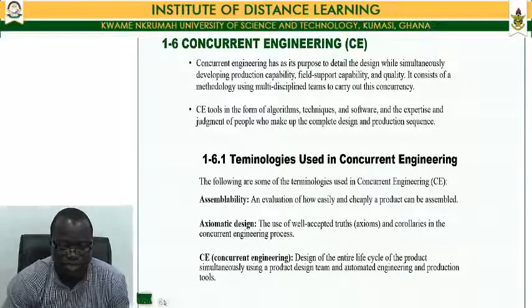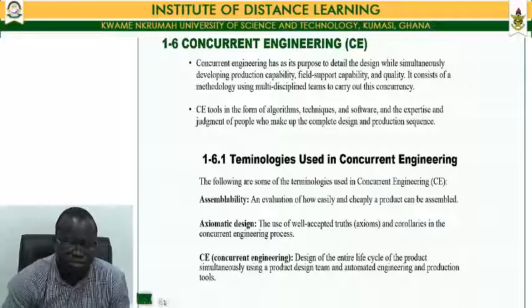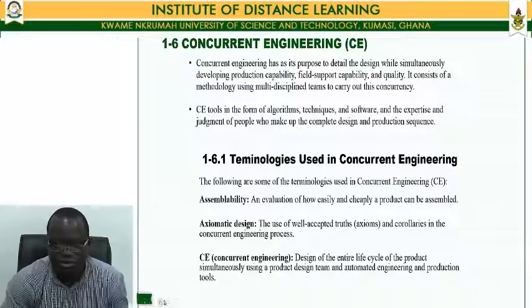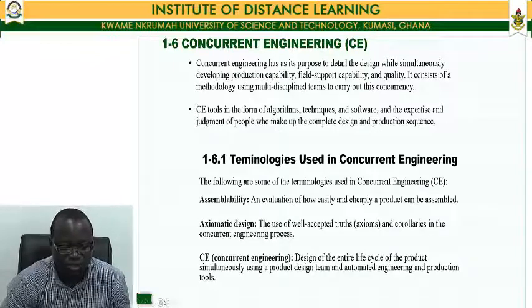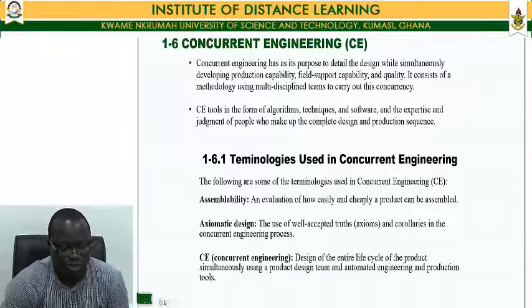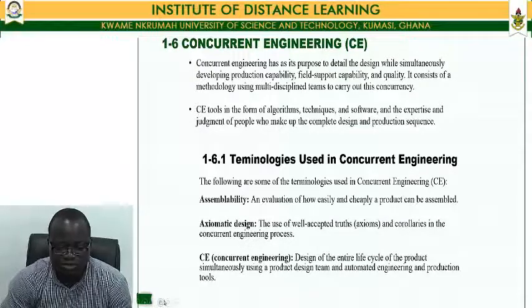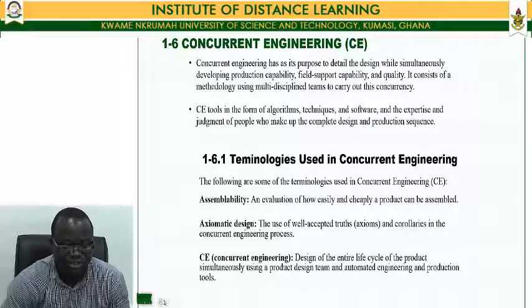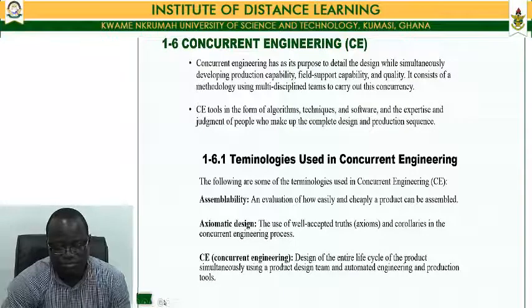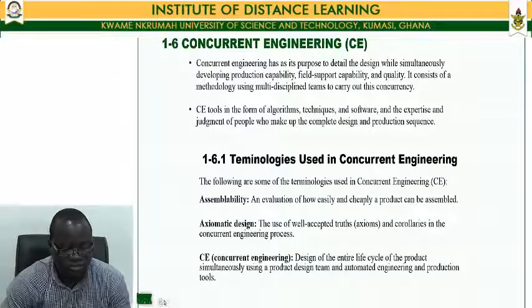Now, it is a sort of methodology that uses a multidisciplinary team to carry out this concurrency. Now, there are tools for concurrent engineering, or some form of algorithms or techniques in the software, and the expertise and judgment of people who in a nutshell make this a complete production sequence.